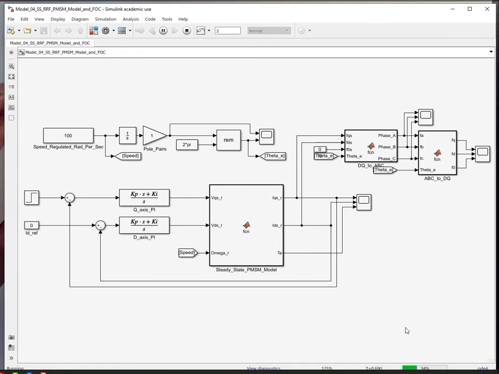So the next time we're going to look at what the dynamic PMSM model in rotor reference frame looks like. So if you're following my lectures, try to implement that yourself, because now we can directly replace this model with the dynamic model and see what that does to our system, right? So that's our next video.